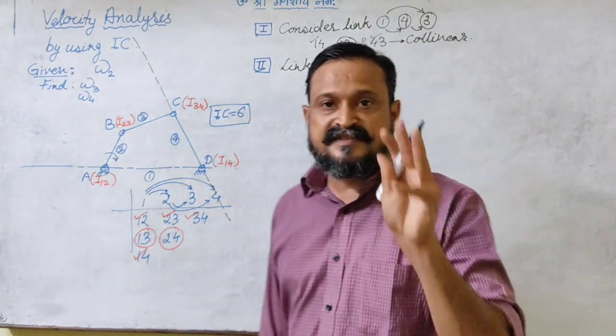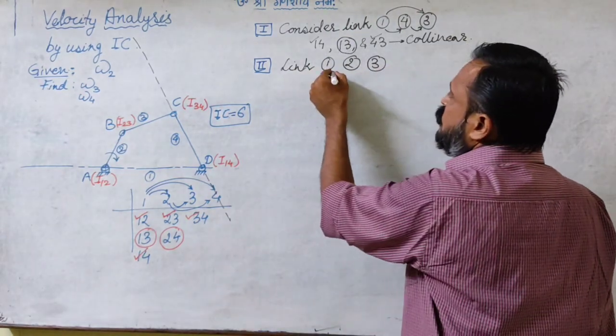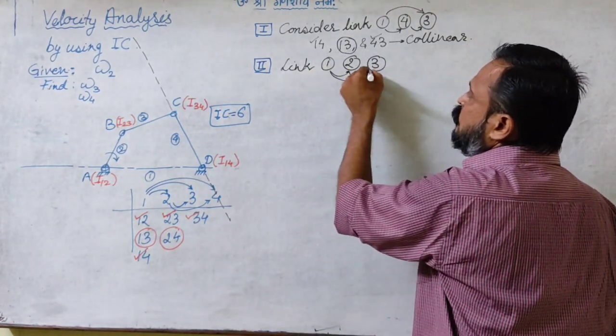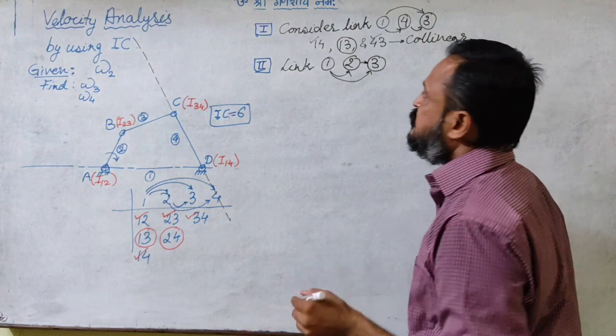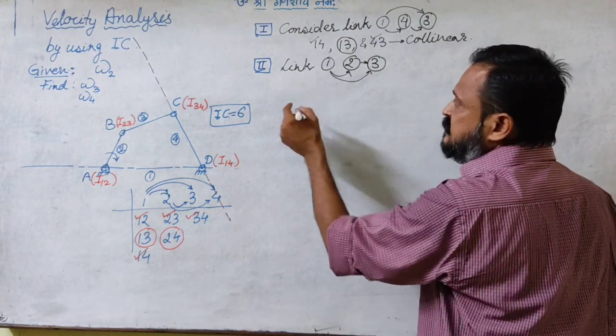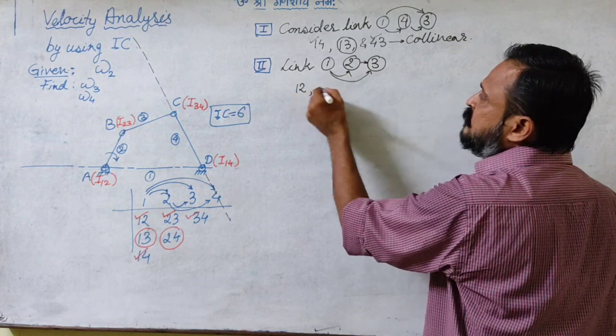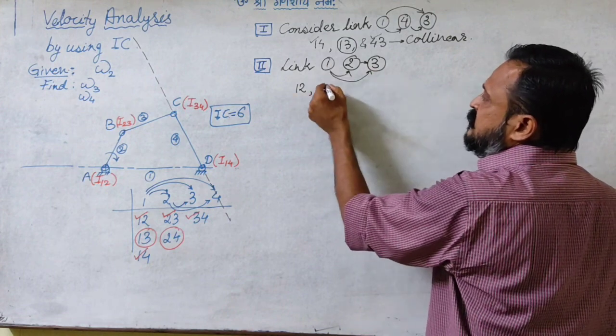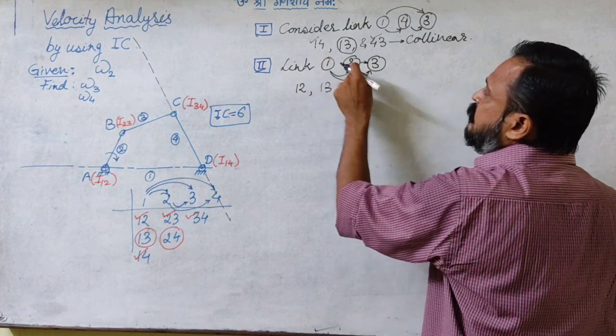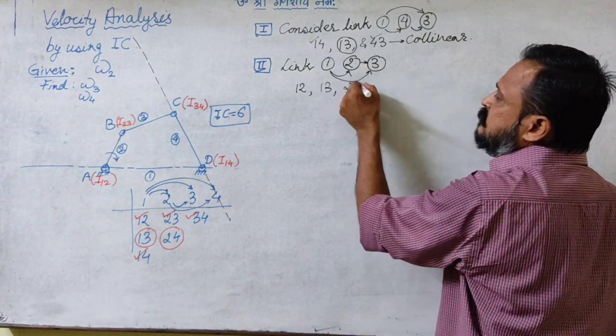This will also give 3 instantaneous centers: 1 and 2, 1 and 3, and 2 and 3. So the instantaneous centers will be I12, I13 and I23.